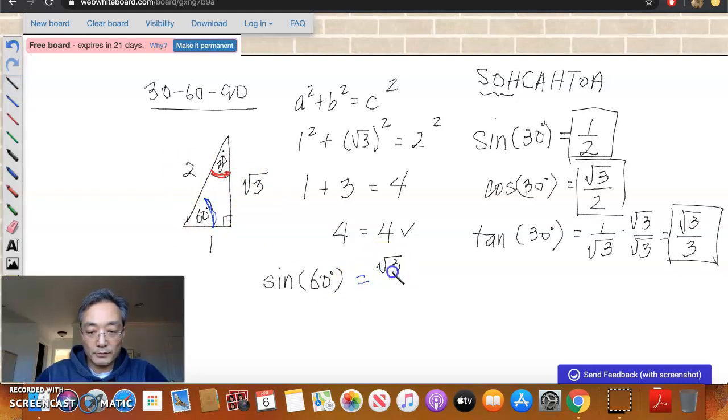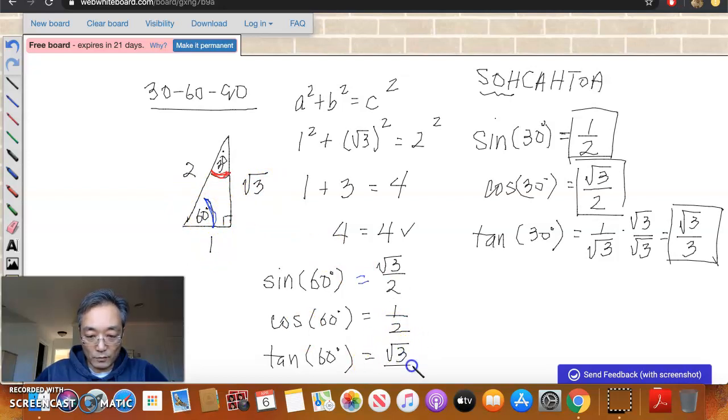So radical 3 over 2. Cosine of 60 degrees is adjacent over hypotenuse, which is 1 over 2. And tangent of 60 degrees is equal to opposite over adjacent. So it's radical 3 over 1, which is just radical 3.